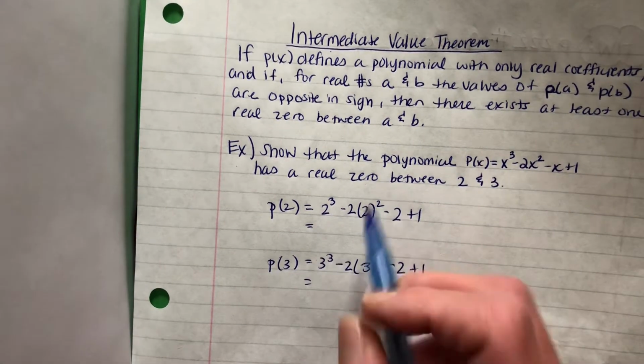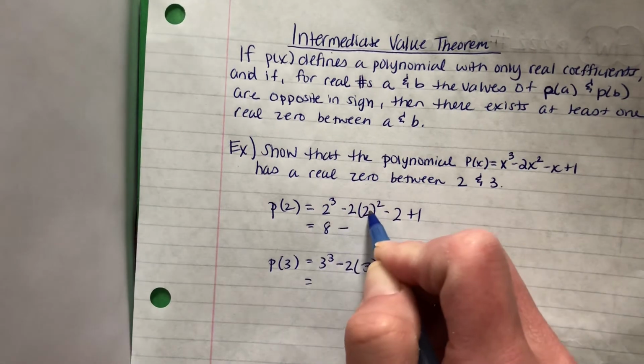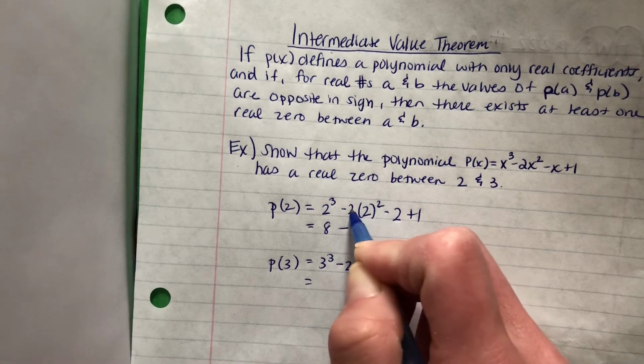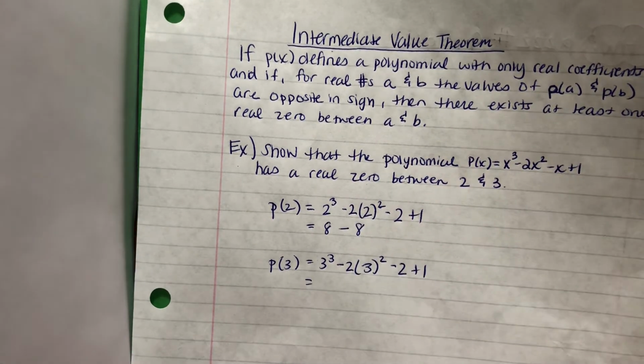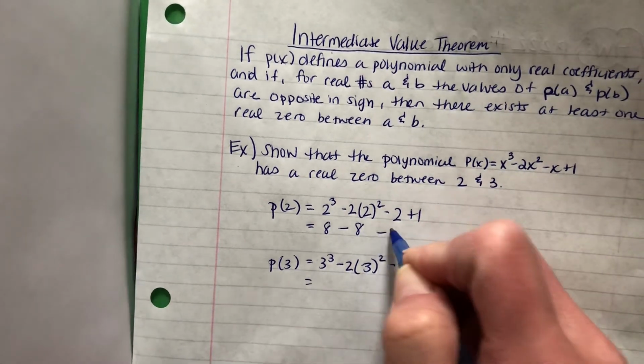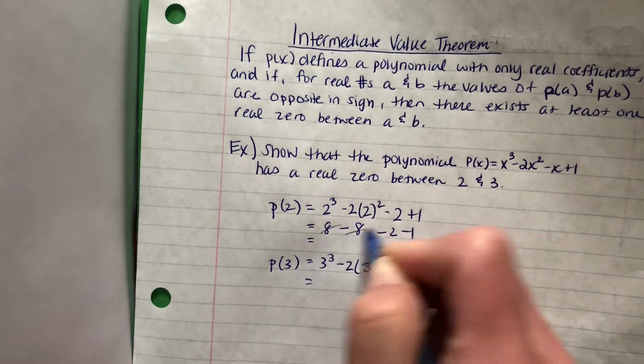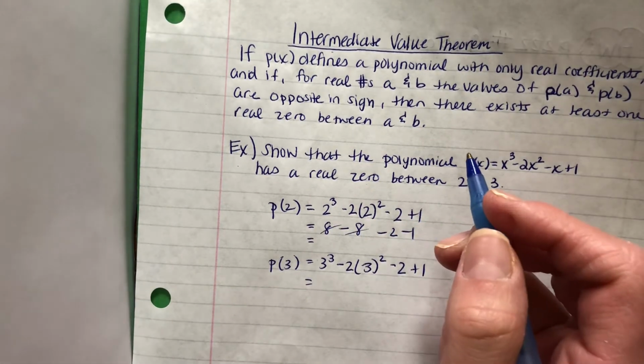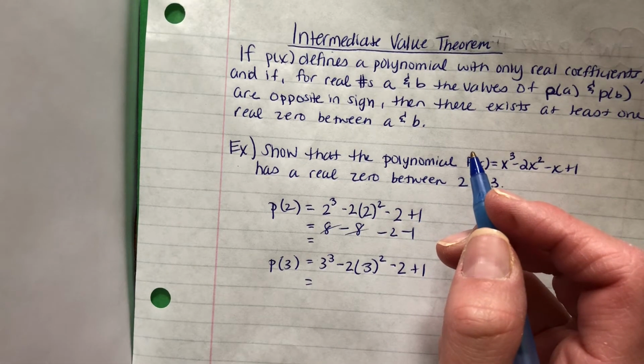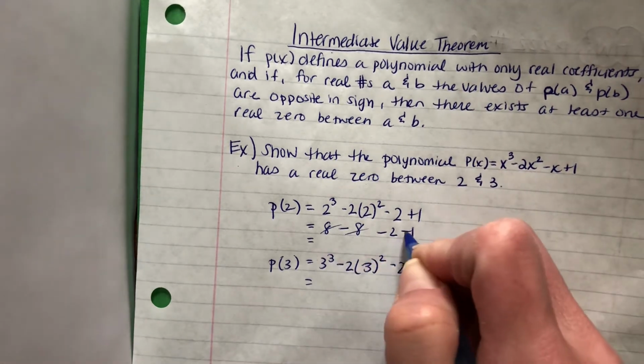We'll have 8 minus 2 squared would be 4 times negative 2, negative 8, minus 2 minus 1. So p of 2 will come out to negative 1. Oh, that's a plus 1 there.